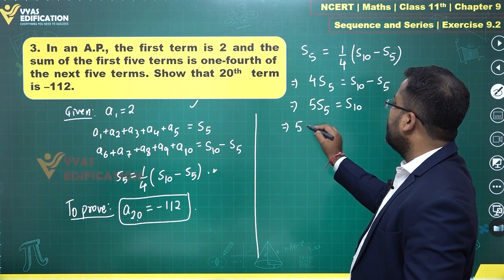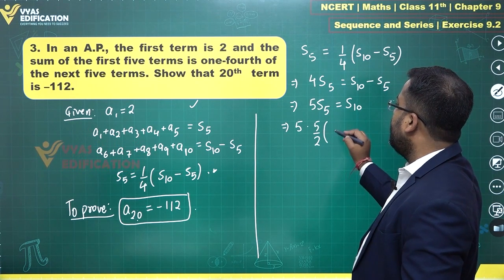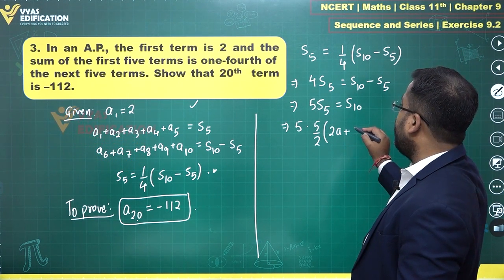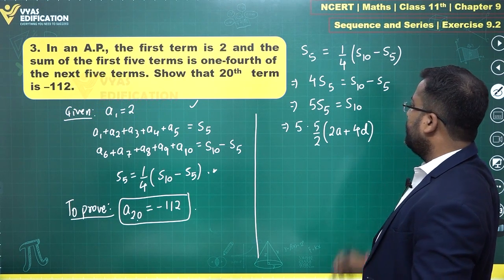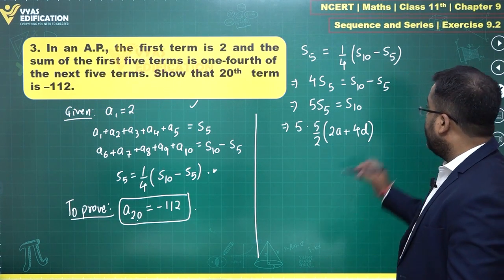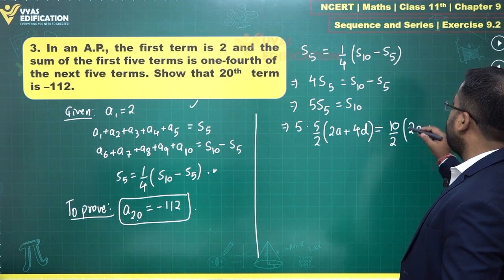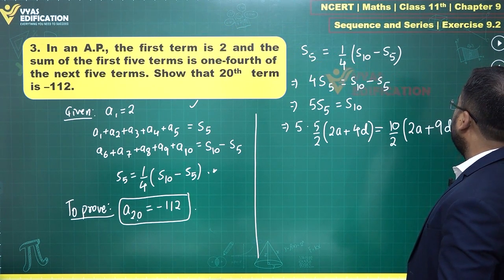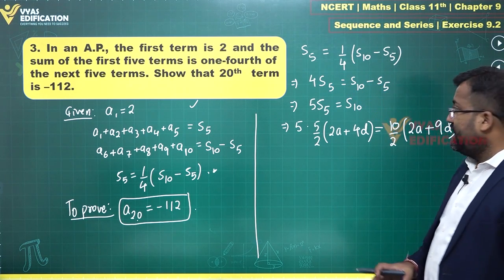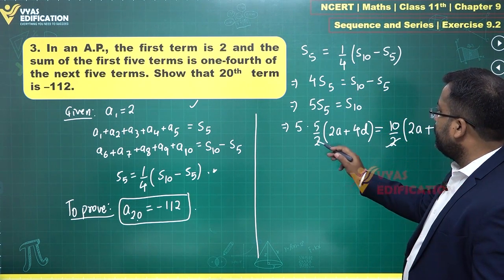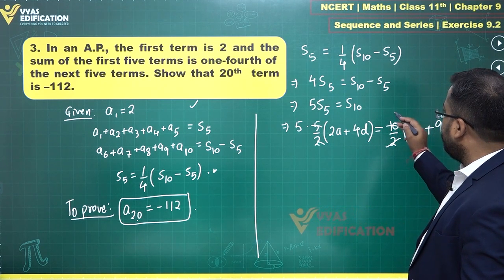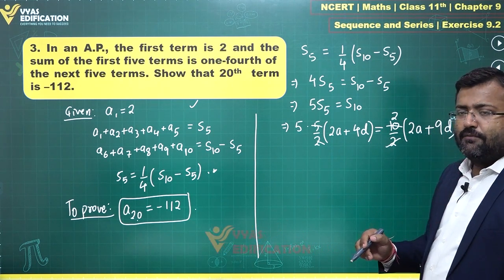And what is S5? S5 is 5/2 times 2A plus 5 minus 1, which is 4D. This is what you have, right? What is S10? That is 10/2 times 2A plus 10 minus 1, which is 9D. This is what you have. Is that okay? Yes. So 2 goes with 2, 5 goes with 10, 2 times. This is what you get.